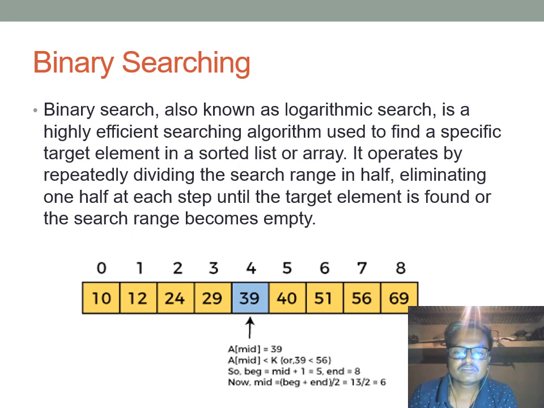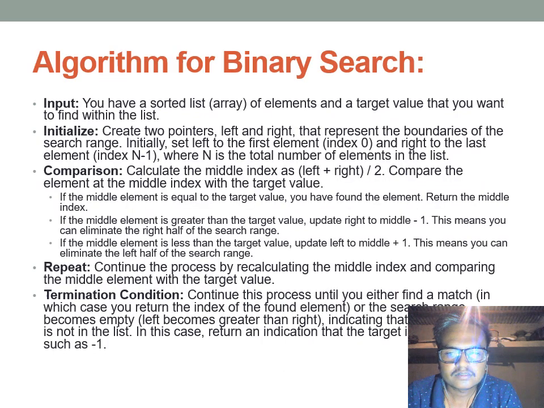So let's discuss how the binary search algorithm is used. Algorithm for binary search. Input: you have a sorted list of elements and a target value which you are looking for. Then initialize two pointers. The first is left, which is the minimum, and the second is right, which is the maximum.